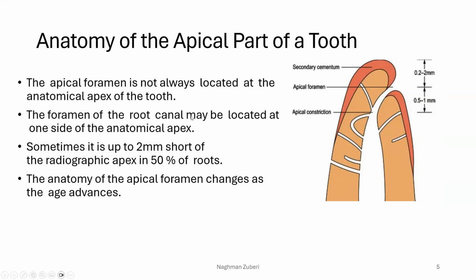The foramen of the root canal may be located at one side of the anatomical apex. Sometimes it is up to 2 millimeters short of the radiographic apex in almost 50% of the roots. The reason is secondary cementum deposition, which occurs because of occlusal wear and tear, which we call physiological attrition, as age advances.